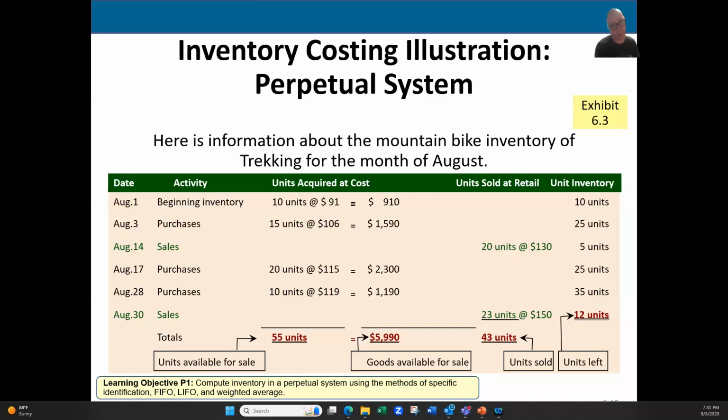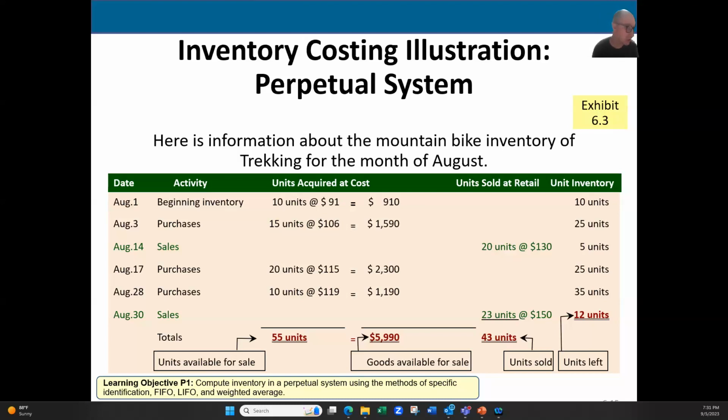We started the month of August with 10 bicycles on the shelf, $91 a piece. That's what we purchased them at originally. It gives us a total acquired cost of $910, and on the right side we see total inventory. So we started the month with 10.